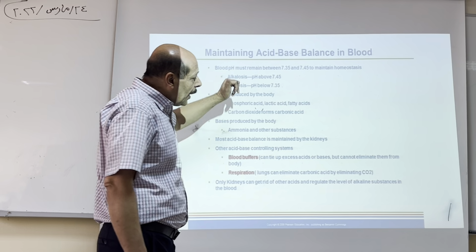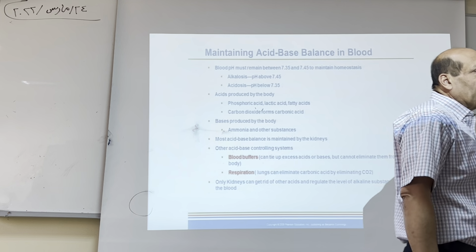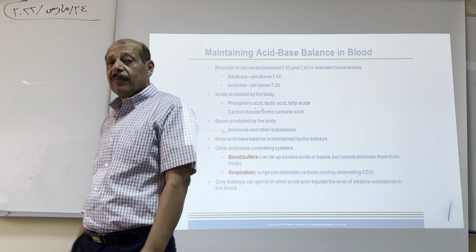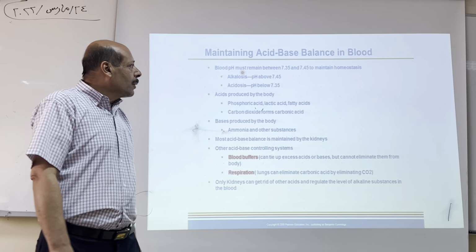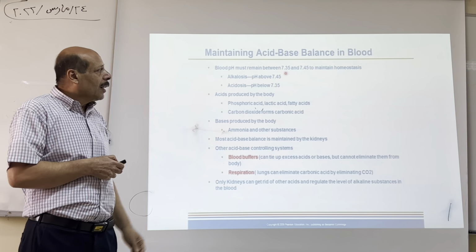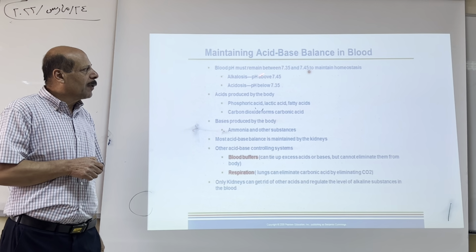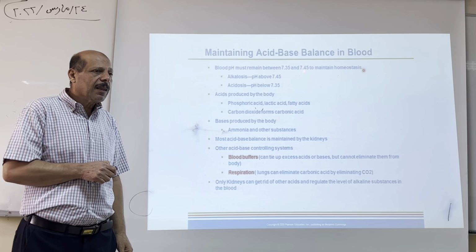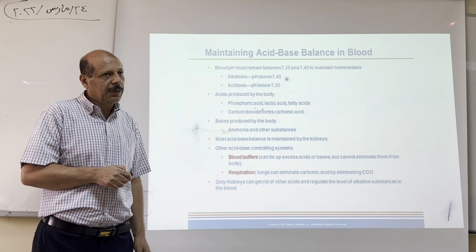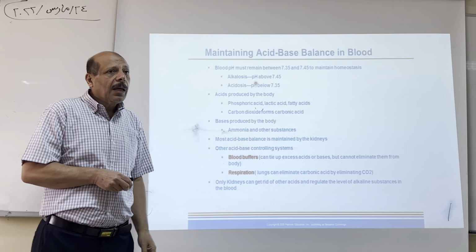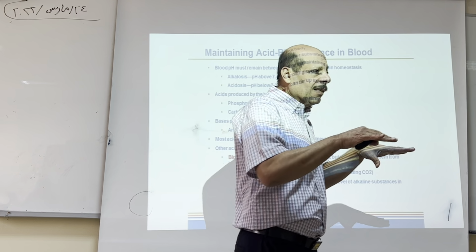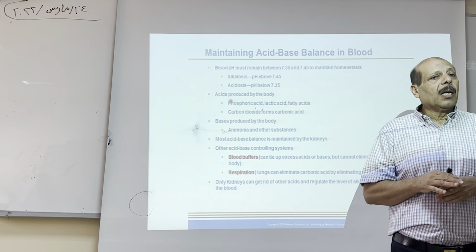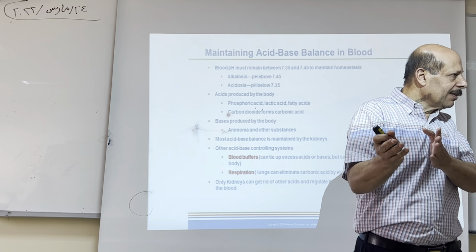So the other function is the maintenance of acid-base balance. The acid-base balance, the pH, as we mentioned and discussed many times, has to be from 7.35 to 7.45, which is going toward alkalinity.